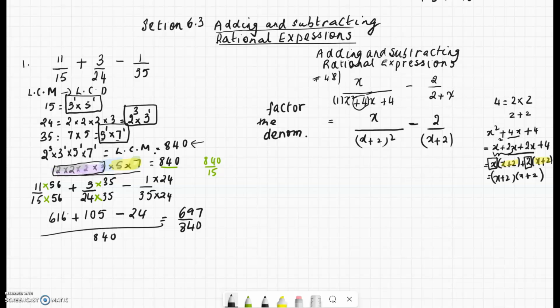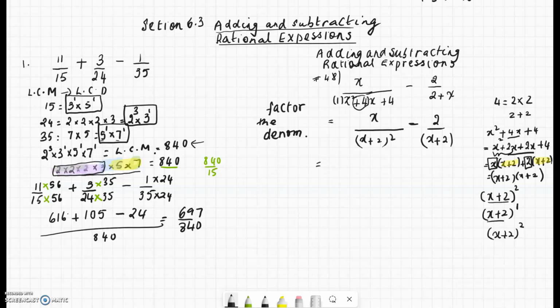So now we have to find the least common denominator. Your first number is x plus 2, and in the exponential form it's x plus 2 the whole squared. So write everything in the exponential form. The next number is x plus 2 to the 1. The common base is x plus 2. Pick the larger of the two, and that would be the one with the higher exponent.